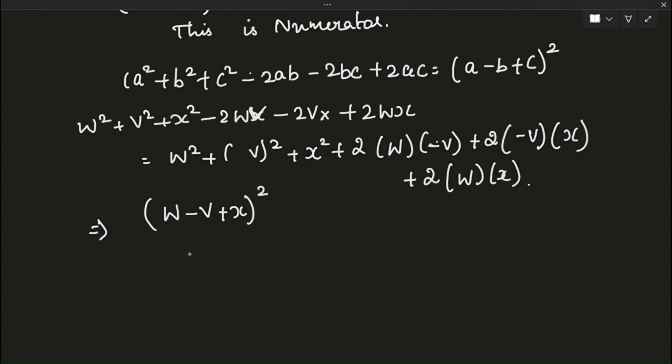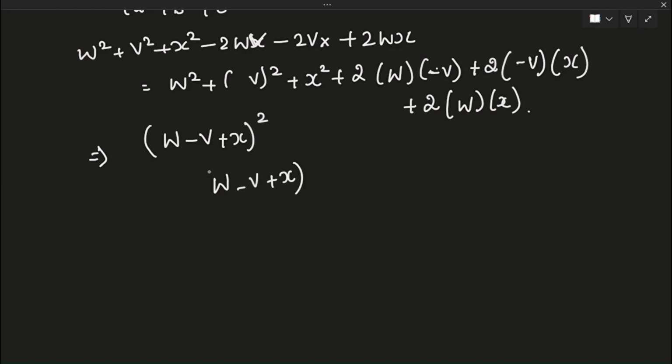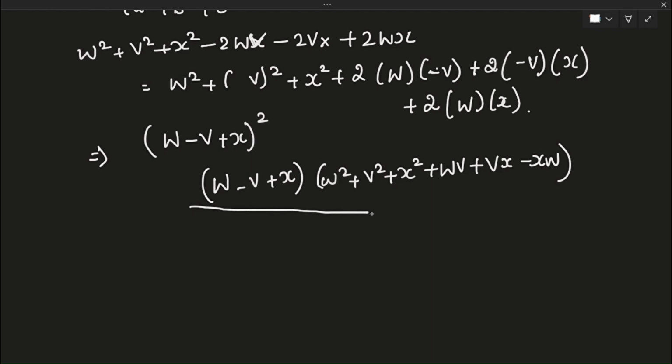So now we'll write what numerator we got. So numerator we got is w square plus v square plus x square plus wv plus vx minus xw, this is our numerator, right? So numerator divided by our denominator, which is (w minus v plus x) whole square.